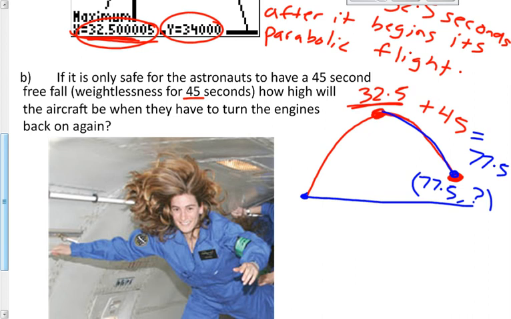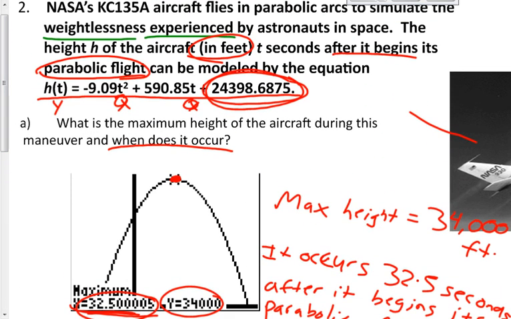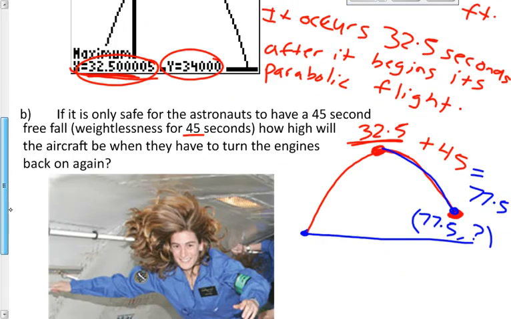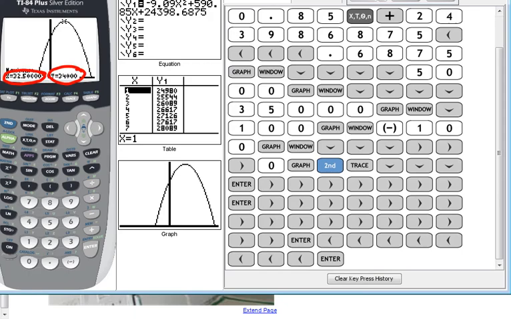How high is that? So here's how you do that using your graphing calculator. If we wanted to, we can just put 77.5 in for x and find what the height is. However, it's easier to use our graphing calculator, and I will show you how. Remember 77.5, that's the x value. You're going to go to your calculator, and you're going to press second.